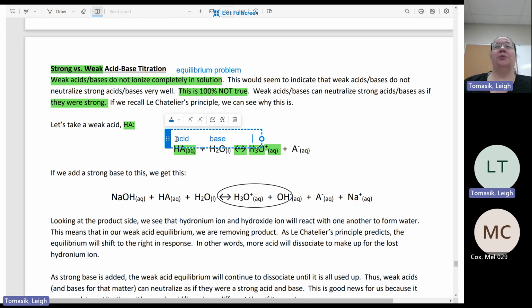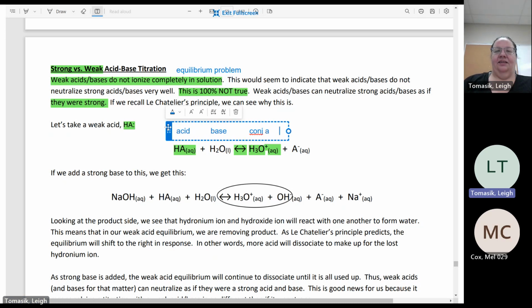It will accept a proton. Bases are proton acceptors. So it will make H3O plus, which is the conjugate acid, and then A minus would be the conjugate base.